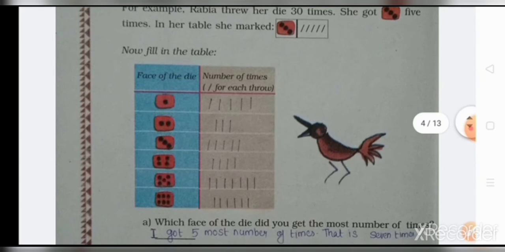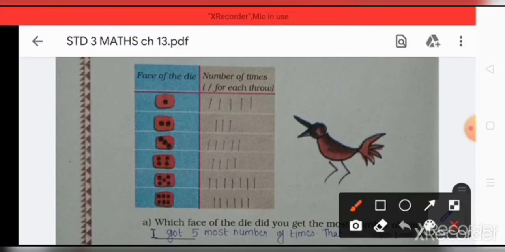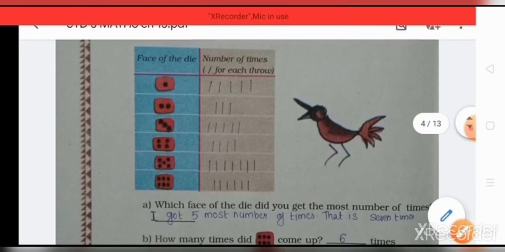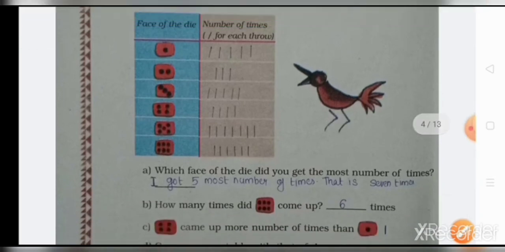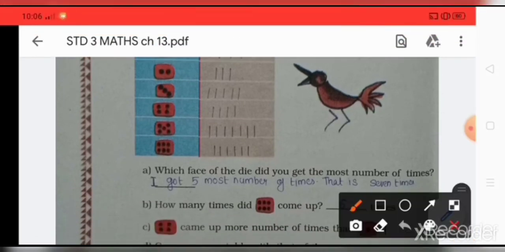Here, face of the die 1 and number of throws 1, 2, 3, 4, 5, and face of the die 2 and number of times 1, 2 and 3, and 3. The number of faces for each throw 1, 2, 3, 4 and 5.